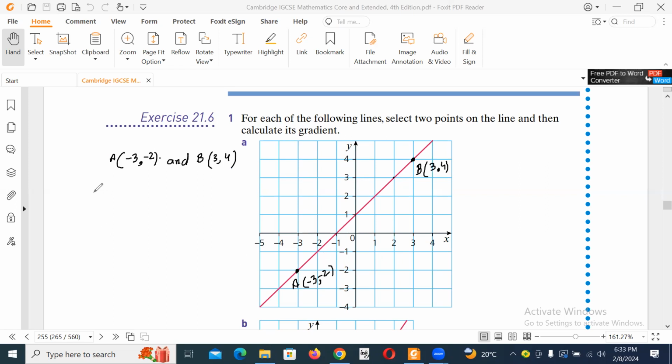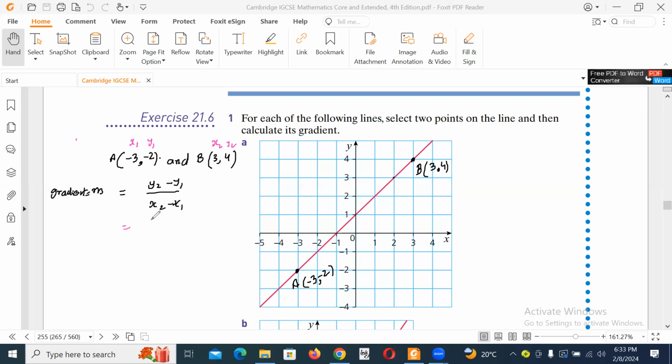Now, what is the formula of gradient? M represents gradient. Okay, we can say that gradient M equals y2 minus y1 over x2 minus x1. This formula will work for us. So now I will consider this one x1, y1, and this one x2, y2.